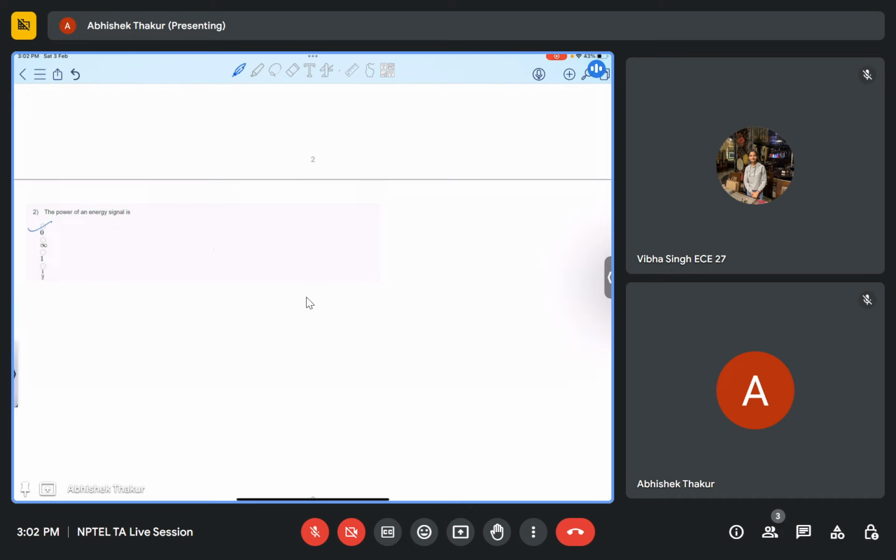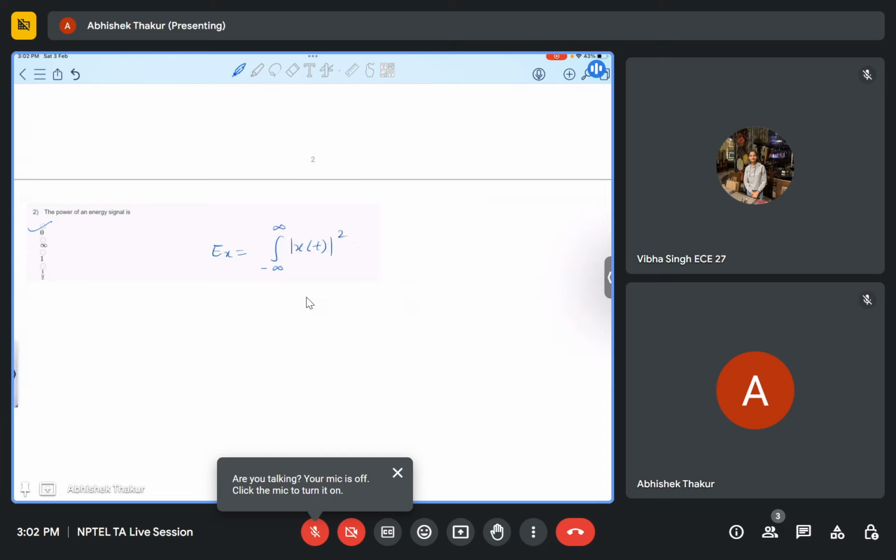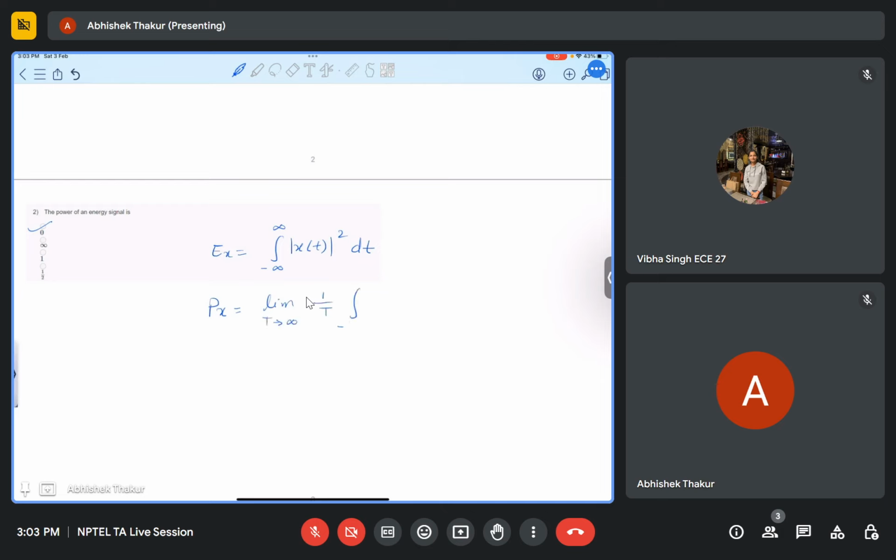So we know that the formula for energy is integral from minus infinity to infinity of magnitude x of t squared dt. Now for power, P x is equal to limit T tends to infinity, 1 by T, integral from minus T by 2 to T by 2 of x of t squared dt.